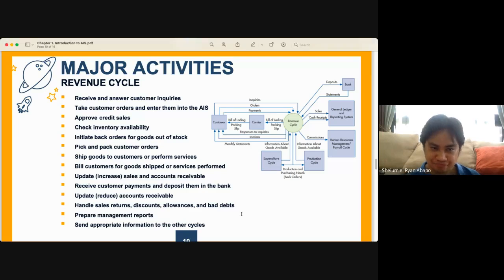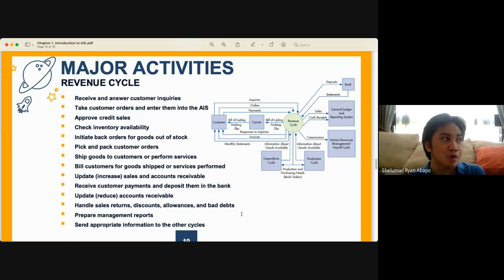So, now, you receive the customer orders and you enter them into the accounting information system. But take note, class, that the customer inquiry does not result yet in an accounting entry.